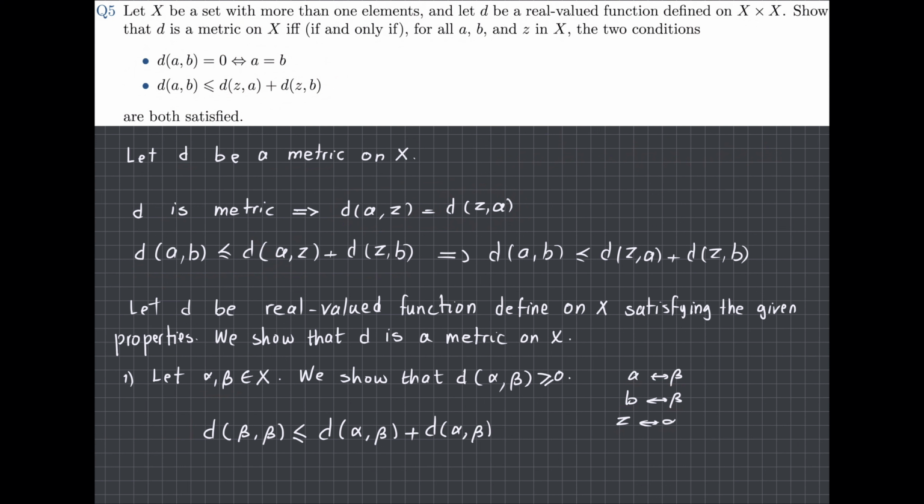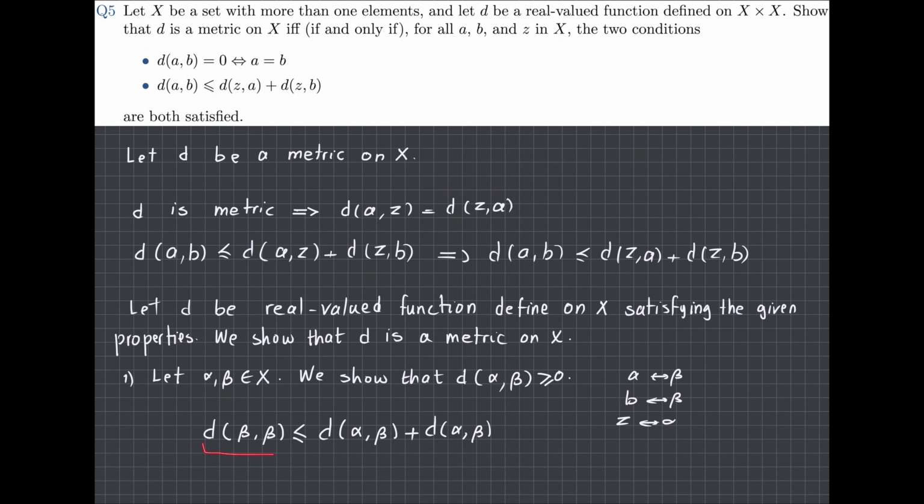So I want you to really understand what is going on. So this inequality is valid for all choices of A, B, and Z in X. So because it holds for all choices of elements A, B, and Z in X, that is also valid if I choose A to be beta, B to be beta, and Z to be alpha.